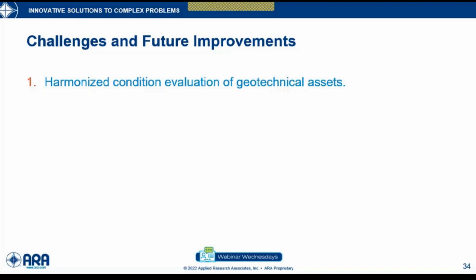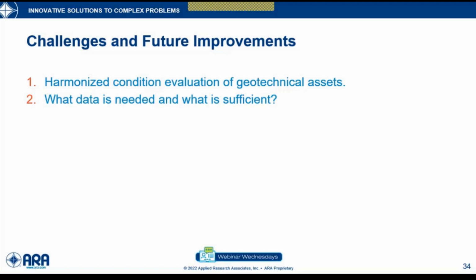Having a harmonious condition evaluation process is a critical point in coming up with a more encompassing and more inclusive GAM program, because currently many agencies have discrete GAM programs, a small program for slopes, another program for retaining walls, which is totally understandable because these are different types of assets. But if we want to look at a GAM program at the network level, and we're talking about the agency level, I'm sorry, then we should start thinking of encompassing multiple geotechnical assets.